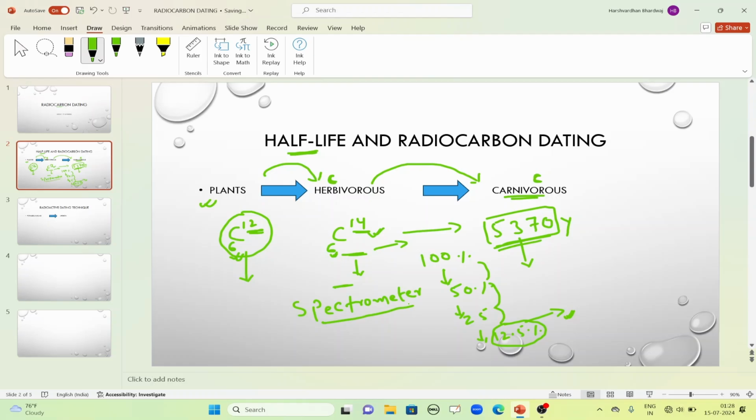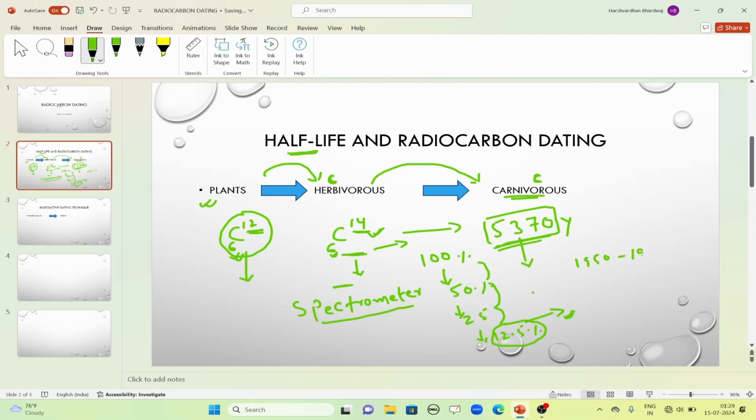Even in this, there is a problem. You come to know that a fossil is 15,000 years old, but you can't be precise, because the amount of carbon 14 present in the atmosphere may have been different in the past. Certainly, nuclear weapons testing has been done, normally in the 1950s, 1960s, and even after that.